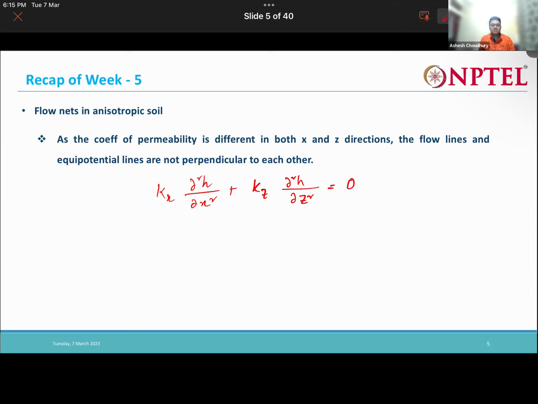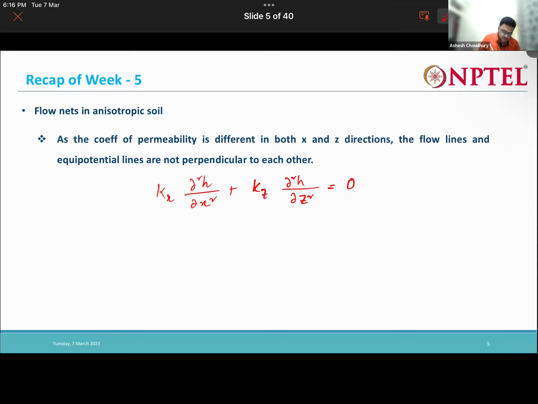Also in that case, the solution of this second order partial differential equation, the family of curves, the equipotential lines and the flow lines, are actually not perpendicular to each other.